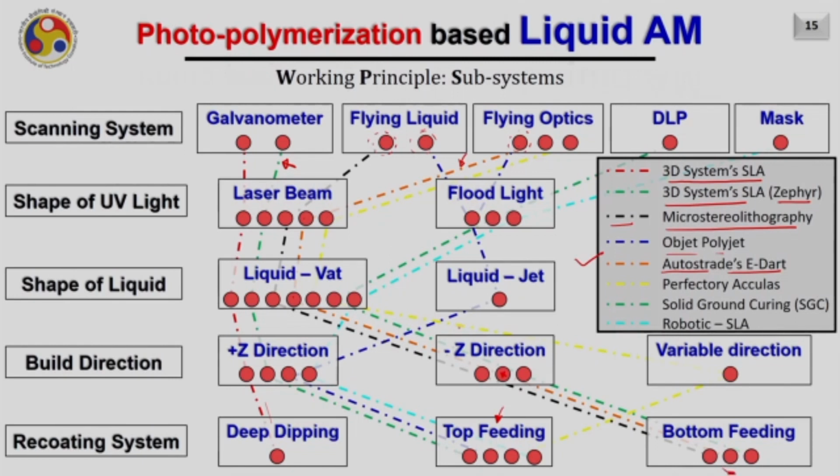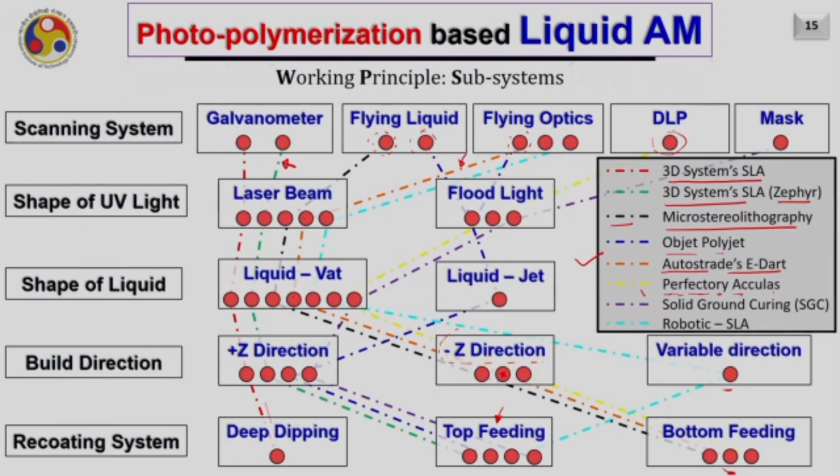As I have already mentioned, when the part is built in minus Z direction, usually the bottom feeding is preferred. Next is the Perfactory Aureus. It uses DLP technology and utilizes the floodlight. It can be tracked by the yellow line. Uses the liquid wet, builds the part in minus Z direction and provides the bottom feeding.